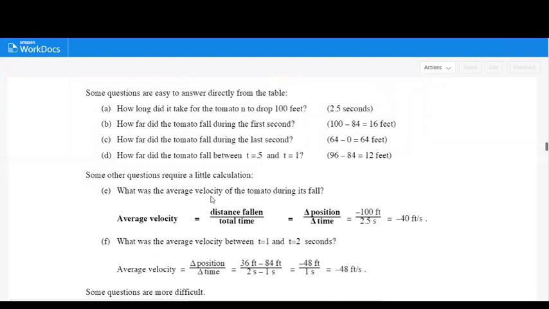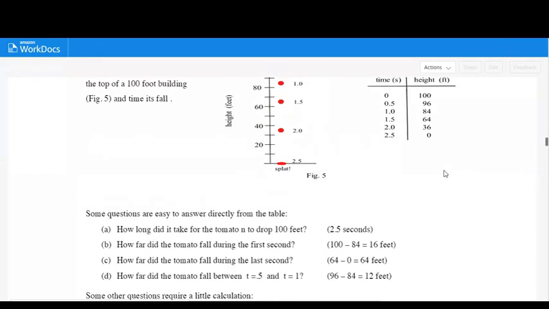So some other questions require a little calculation. So what was the average velocity of the tomato during its fall? So the average velocity, so ito yung nakuha natin. And nakita nyo din to sa ating quiz of velocity. So we have distance fallen over the total time. So yung distance fallen niya, that is the height of the building.